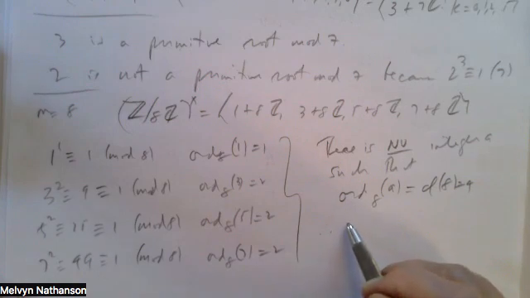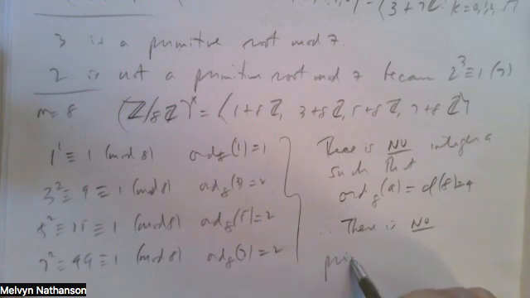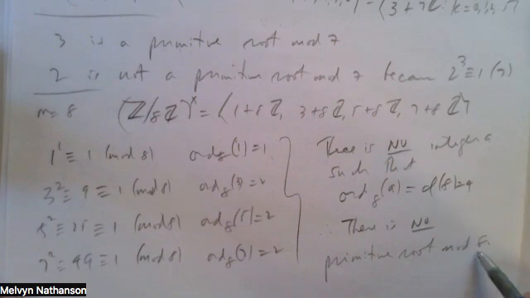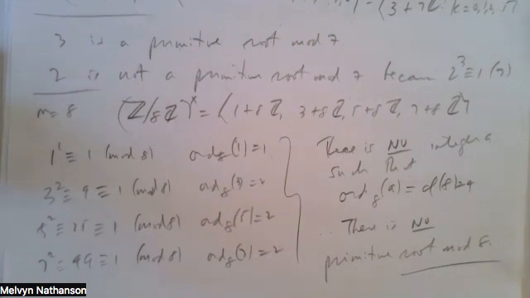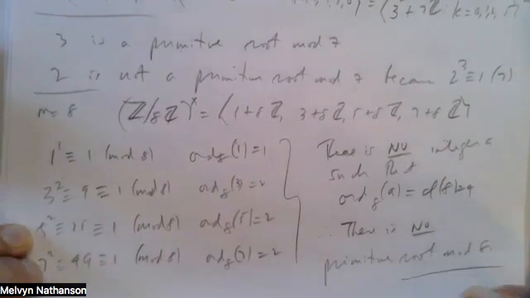So there is no primitive root mod 8. So there's not a primitive root with respect to every modulus. There is for 7, there's not for 8.